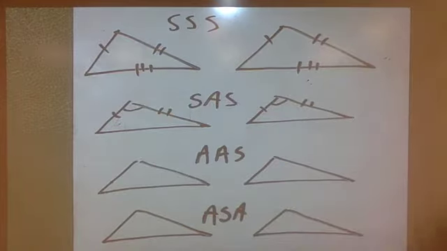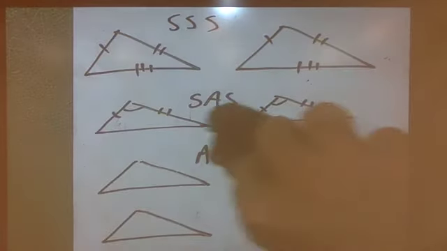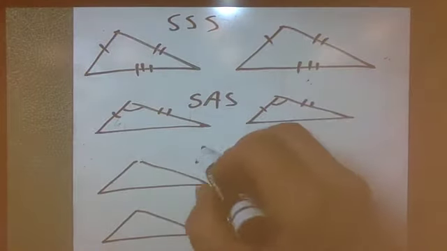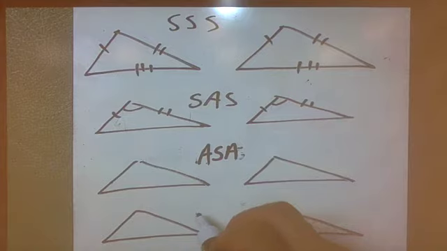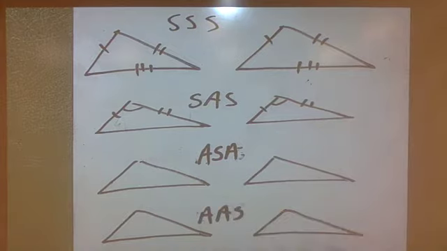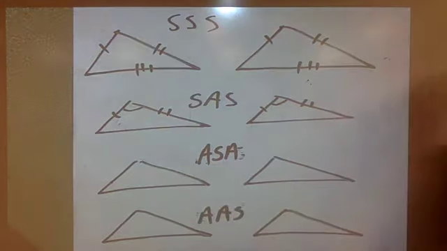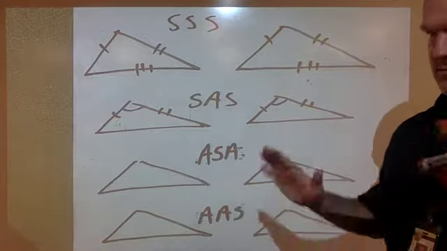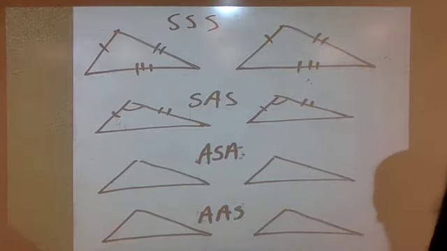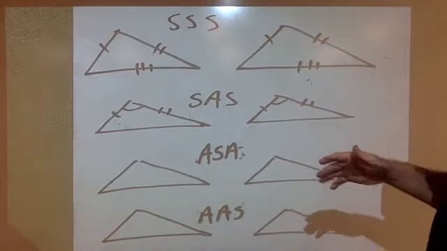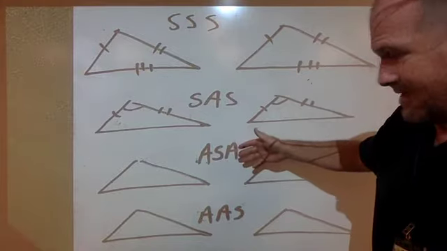I'm actually going to switch those orders. I think it's a little easier to explain ASA first. So ASA or AAS. All right, as long as you have 2 angles and a side, you've got congruent triangles. You just need to know, is it AAS or is it ASA?